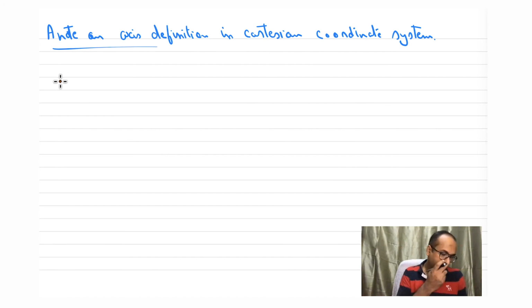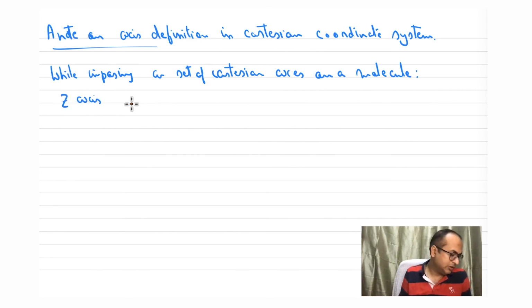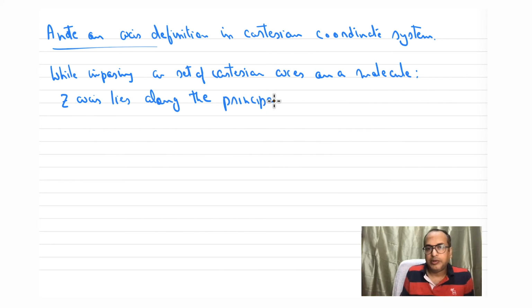So we can say that sometimes it is required in this course, while imposing a set of Cartesian axes on a molecule, that the z-axis lies along the principal axis of rotation.